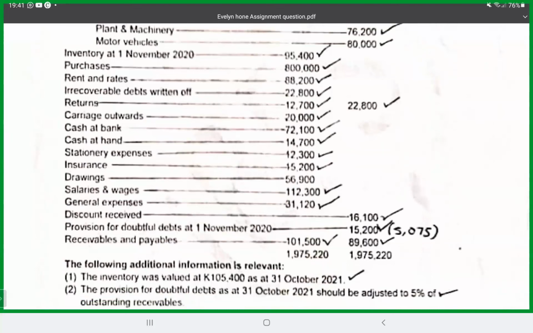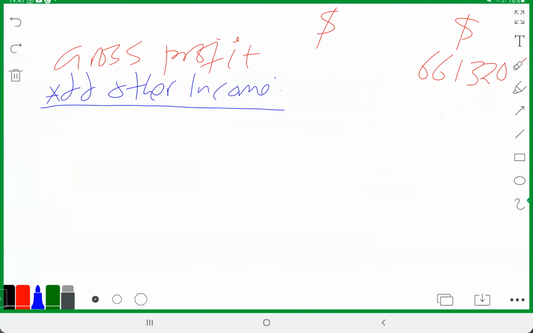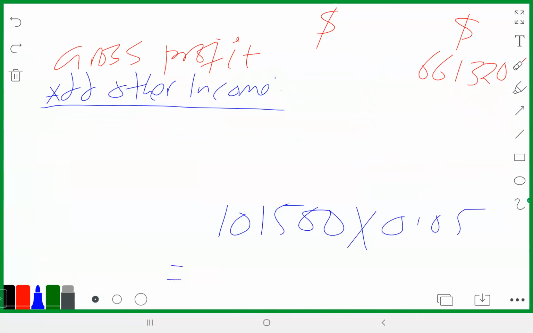Are you able to see the part which has got payables and the one that has got receivables? Yeah. So the receivables are 101,500. So you need to do 5% of 101,500. Okay. Let's calculate 101,500 times 5%, which is the same as 0.05.